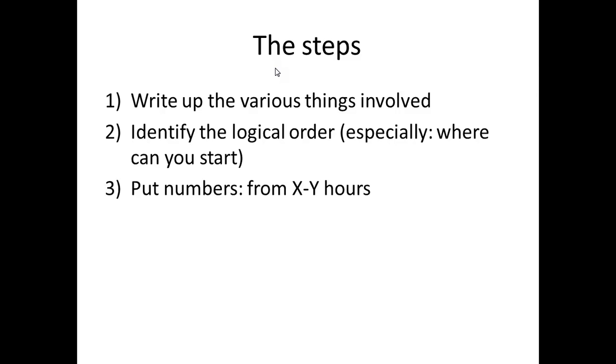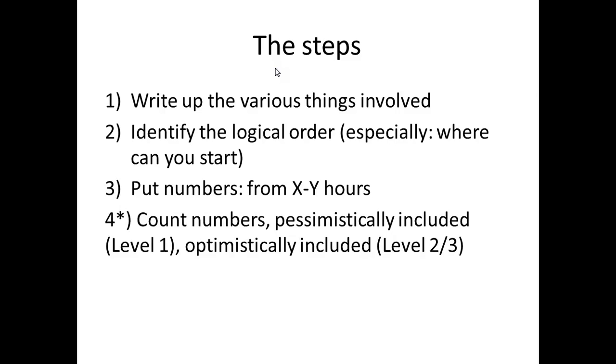And then you put these numbers with intervals, and then you use these. So you basically count the numbers, and when you count pessimistically, so you have the maximum amount of hours, everything takes the maximum time that you think it will take, even if things are really more difficult than you think they should be.